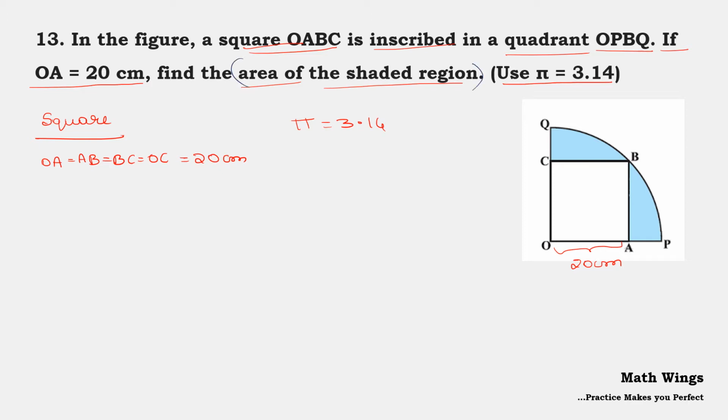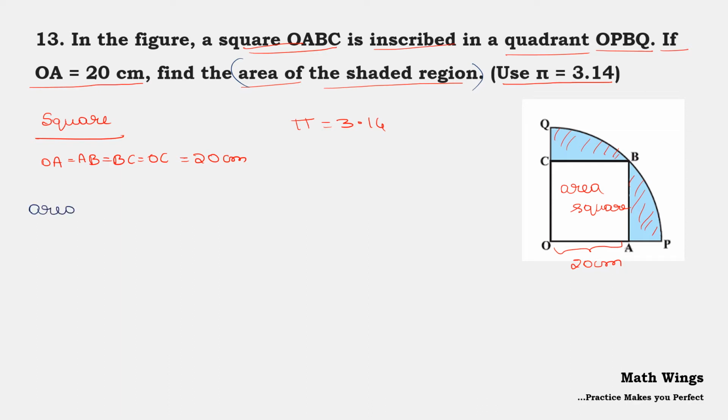So, what is the area of the shaded region here? If you observe, this is the shaded region and it's the leftover part when we subtract the area of the square from the area of the quadrant OPBQ. So let us write the area of the shaded region.